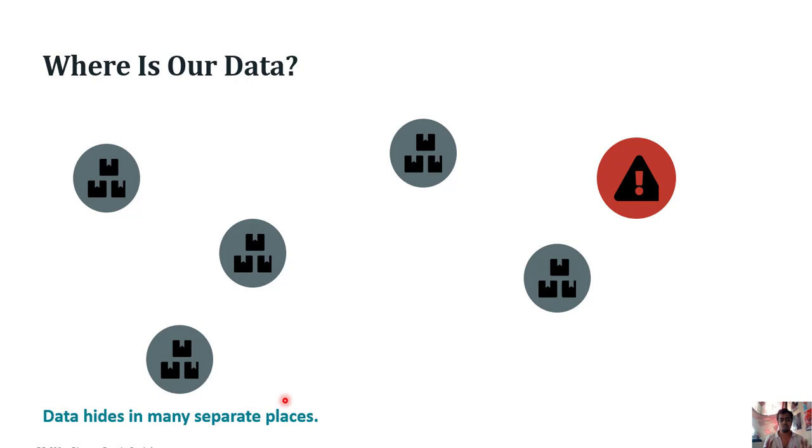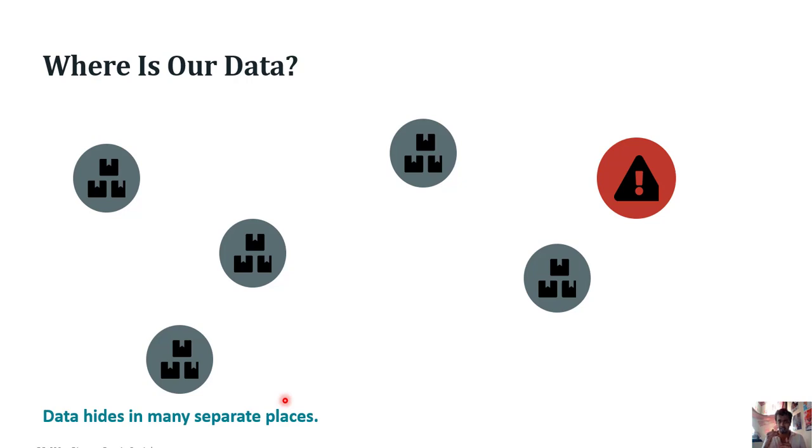So where is our data? Earlier, in traditional methods, data is stored by one team, for analysis data is stored by another team in a separate system, and for data engineering data is stored by a separate team.